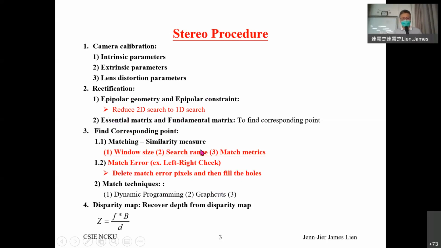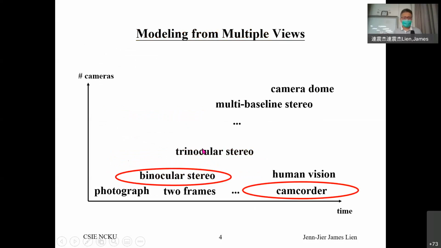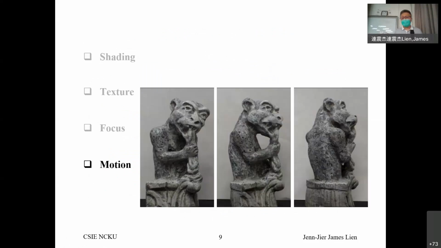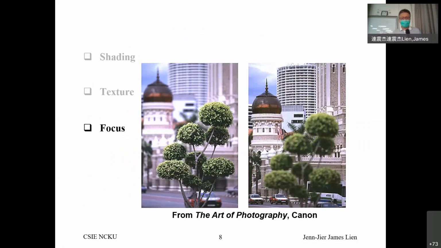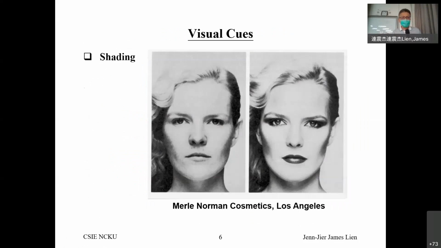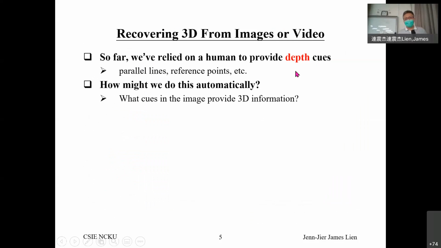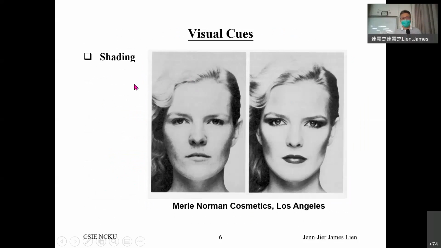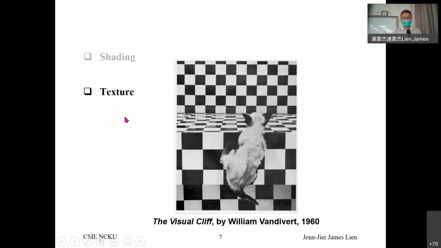So we'll start to talk about stereo. You can check those things by yourself. Let me check. We try to find the depth information. There are several methods: declaration, shading, texture.